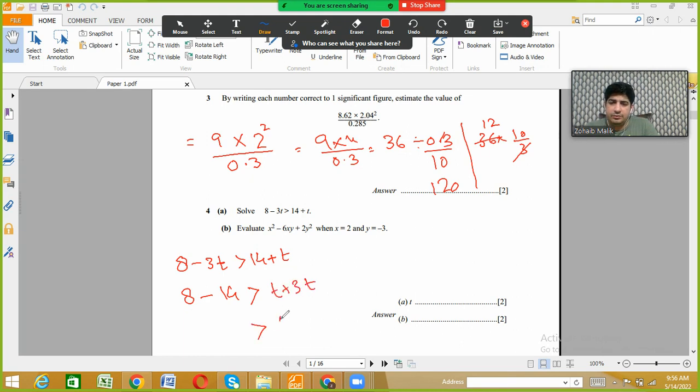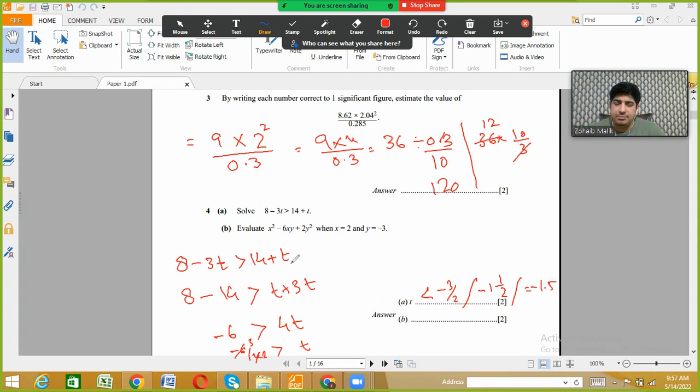Now 4t is less than 8 minus 14, which is minus 6, so t is less than minus 6 over 4, which would be 3 by 2. So t is less than negative 3 by 2, or you may write negative 1 whole 1 by 2, or you can write negative 1.5.